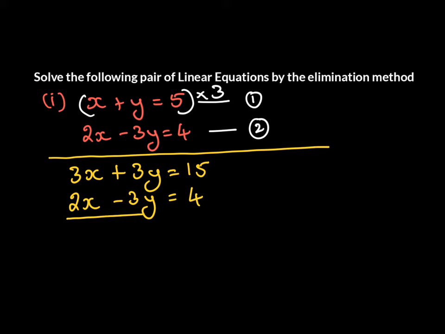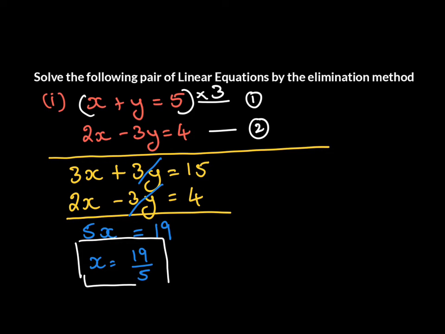Now we will add the two equations. So plus 3y minus 3y cancels. 3x plus 2x is going to become 5x equal to 15 plus 4 is 19. Then x is equal to 19 over 5. So we know the value of x now.